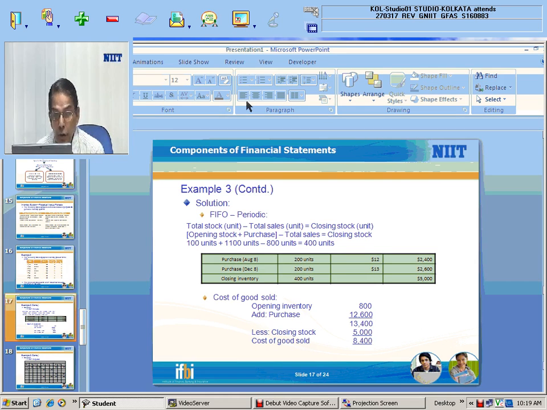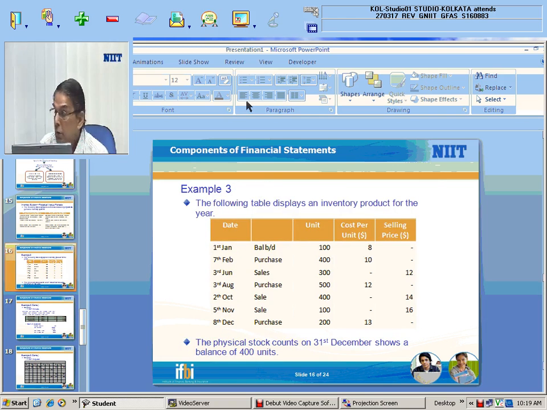Okay. So, using the FIFO method and periodic inventory system, we find that the closing inventory is 5,000. Opening inventory was 100 units at 8 rupees, so 800 was the opening inventory. Total purchase, if you calculate from the earlier table, you can see 12,600: 400 into 10, 500 into 12, plus 200 into 13.